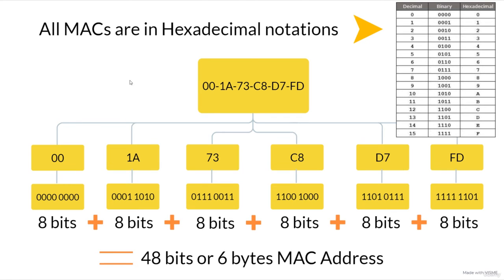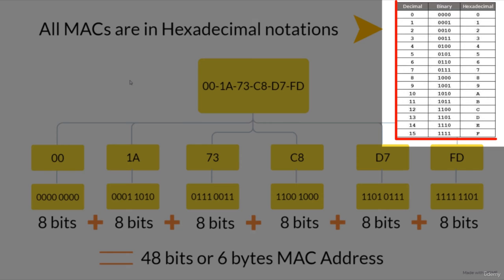Now let's try to calculate how many bits there are inside the MAC address. The first part, 00, can be represented in binary as 0000 for the first 0, and 0000 for the second 0. So double zeros in hexadecimal represents 8 zeros in binary. The next part is 1A. 1 can be represented in binary by 0001, and A can be represented in binary by 1010.